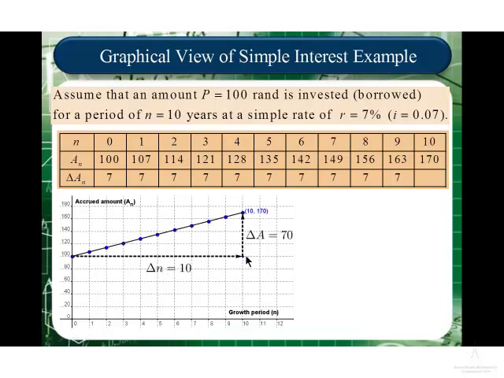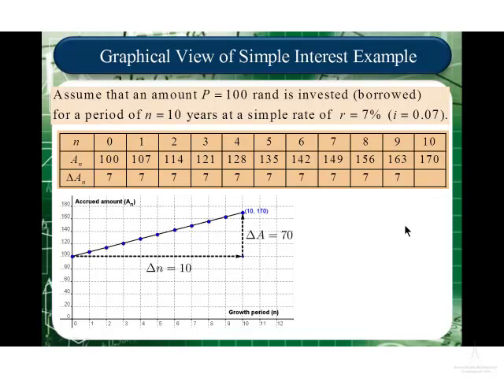And then of course the total interest after 10 years, the change from the initial value to the final accrued value, is 70. This we can also see from our table, that the money has grown from 100 Rand, 7 Rand was added each year, and it ended finally at an amount of 170 Rand.